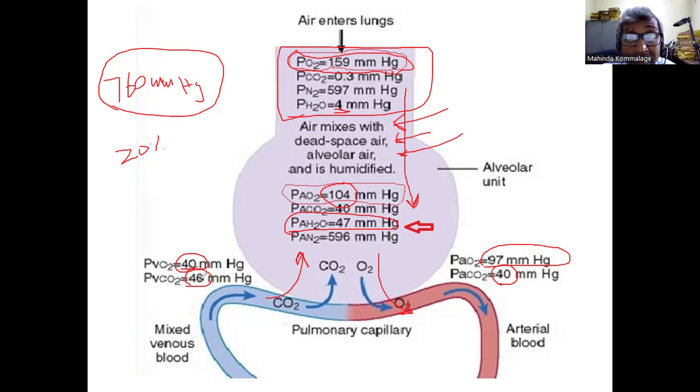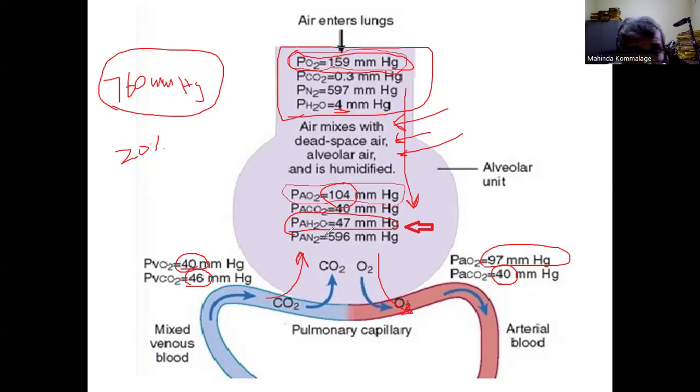But for carbon dioxide, you can see 46 in the pulmonary artery, and the alveoli is 40. Low gradient. But still, carbon dioxide can be removed from the blood, and carbon dioxide will be low here. Right? So the carbon dioxide gradient is low, the oxygen gradient is high.